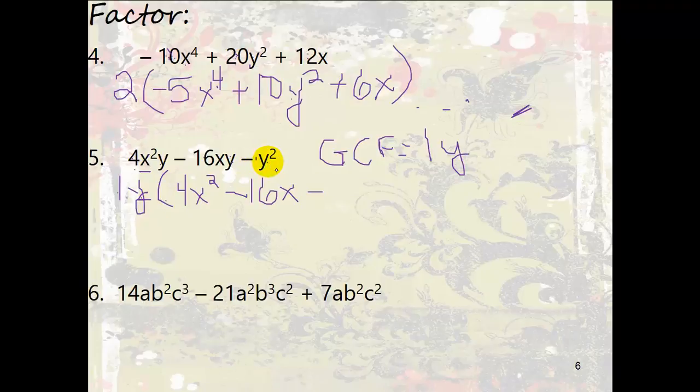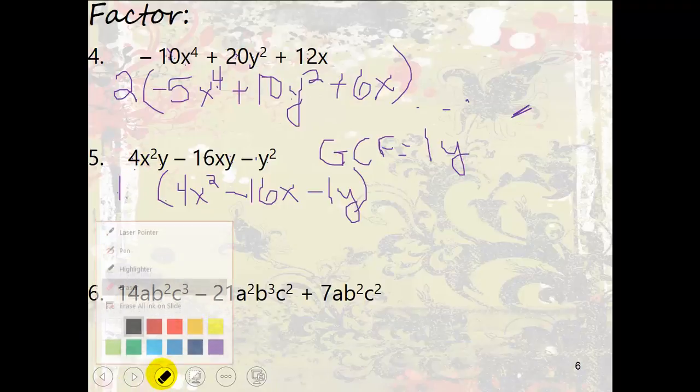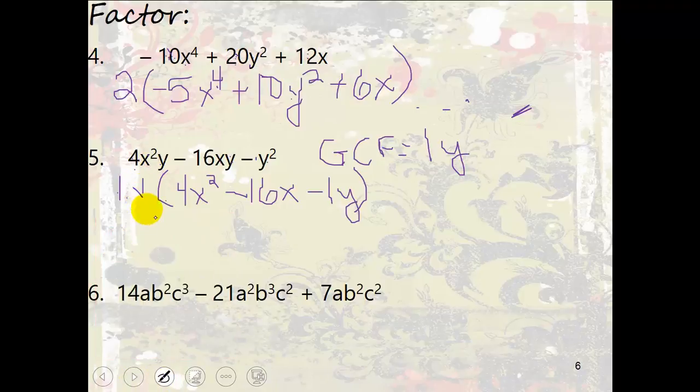Y squared divided by y is y. So my factored form is one y times, in parentheses, 4x squared minus 16x minus 1y.